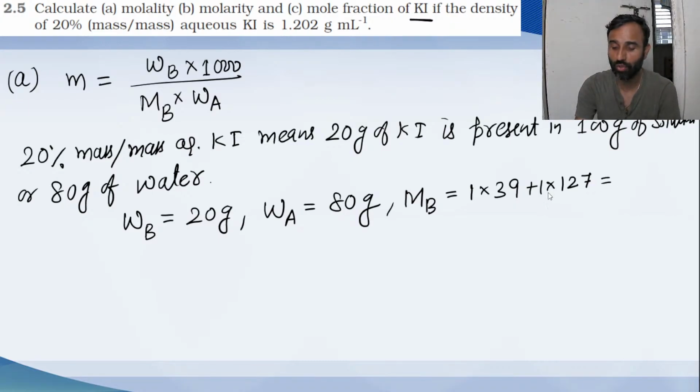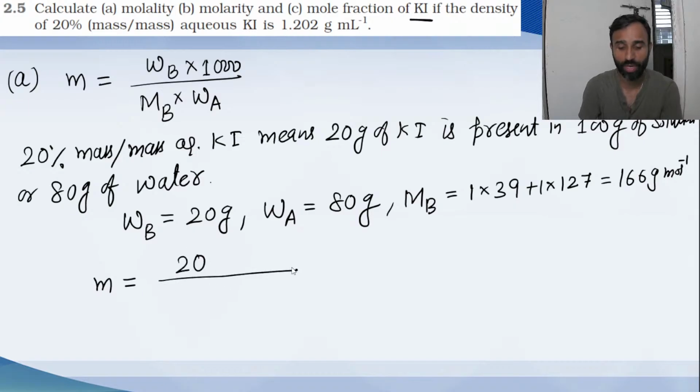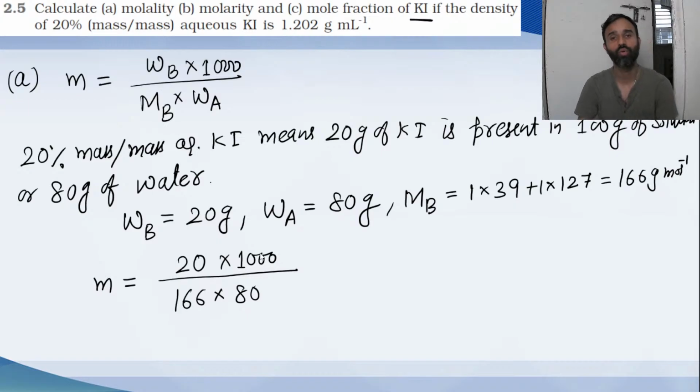So total it comes out to be 166 gram per mole. Just put the values. Molality equal to 20 divided by 166 into 80 into 1000.